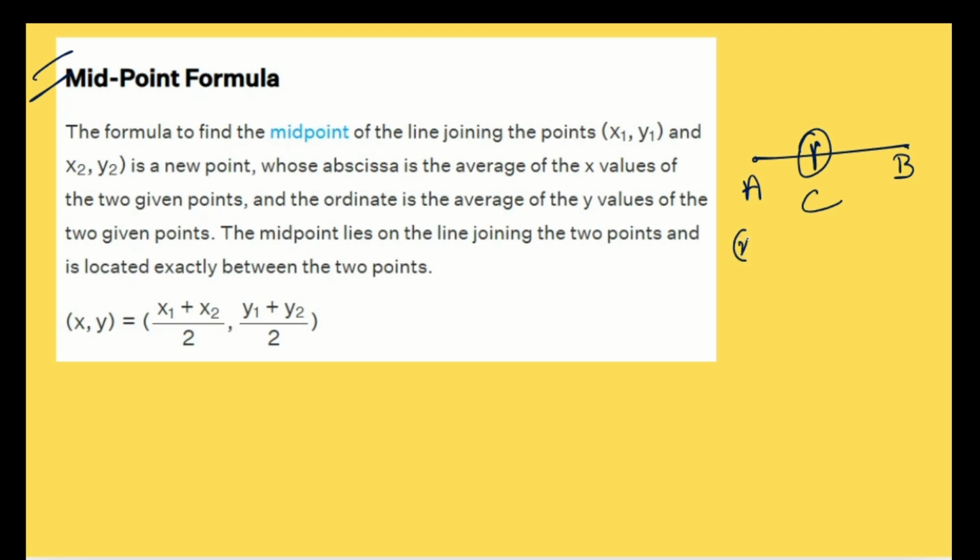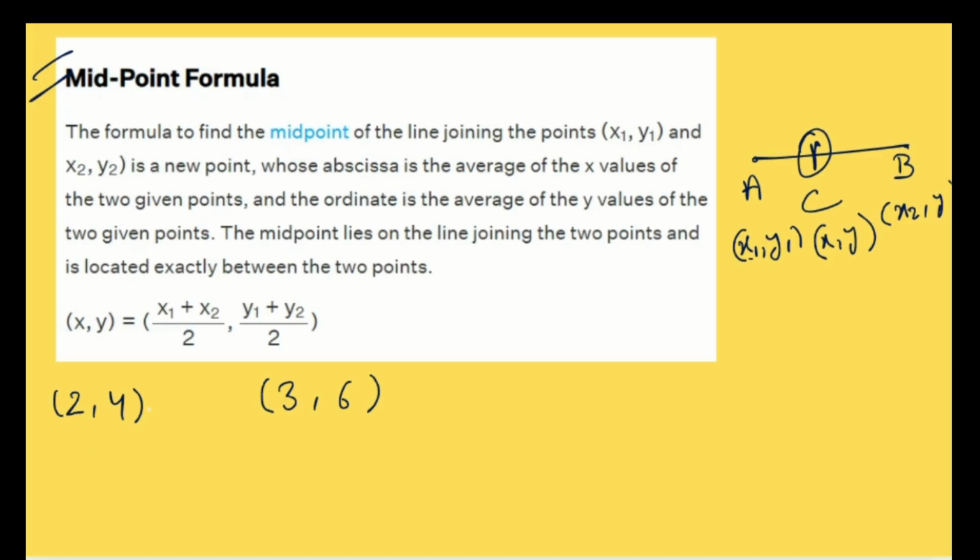If this is x1 y1, this is x2 y2, and this is x and y, the formula would be (x1 plus x2) upon 2, (y1 plus y2) upon 2. For example, if you have the point (2, 4) and the second point (3, 6), and you have to find the midpoint.